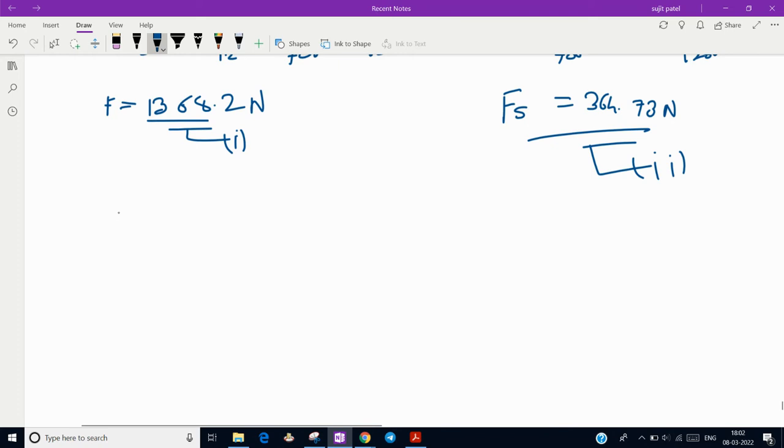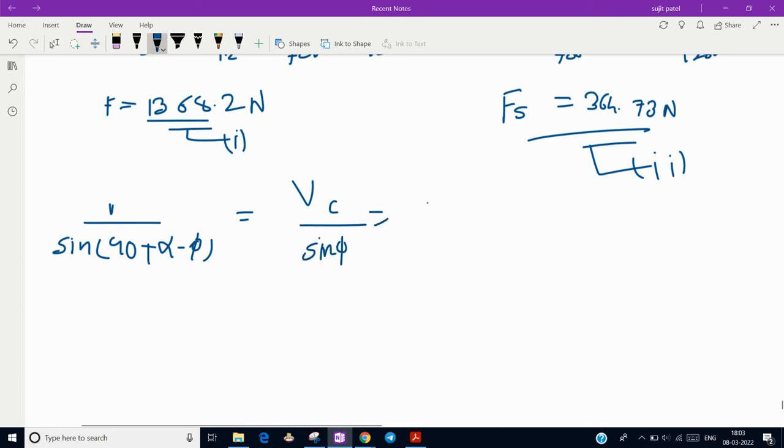Now we have one relation of velocity using the velocity triangle, that is cutting velocity V divided by sine of 90 plus alpha minus phi is equal to Vc, that is chip velocity, divided by sine phi, is equal to Vs, that is shear plane velocity, divided by sine of 90 minus alpha.